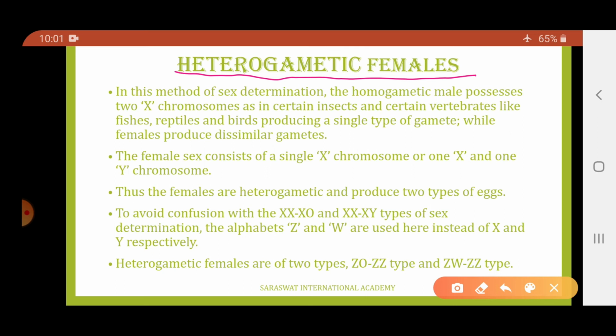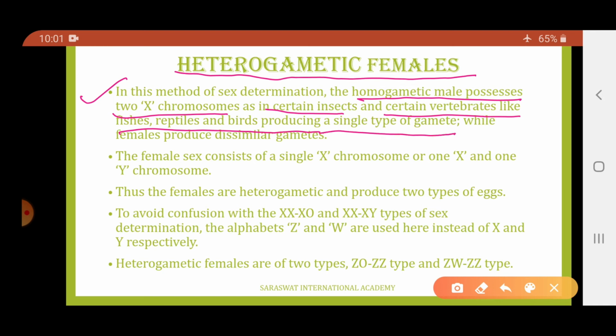So, students, in this method of sex determination, the homogametic male possesses two X chromosomes as in certain insects and certain vertebrates like fishes, reptiles and birds, producing a single type of gamete, while the female produces the dissimilar gametes.